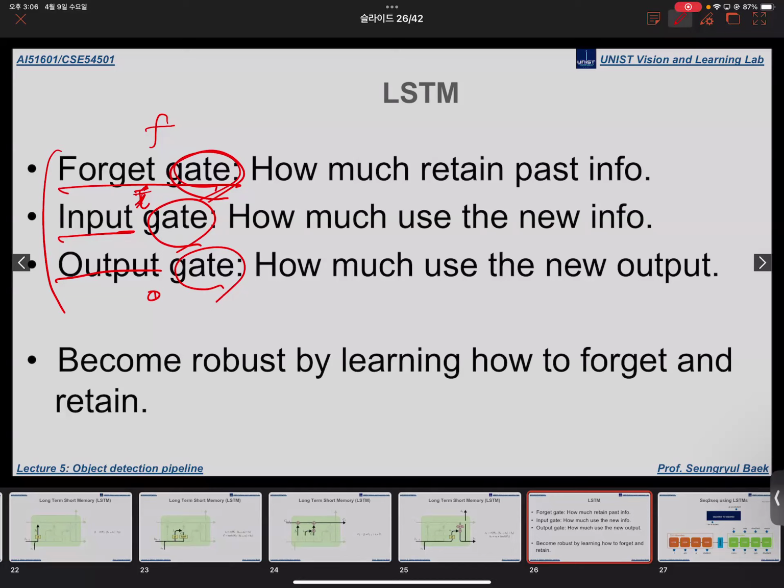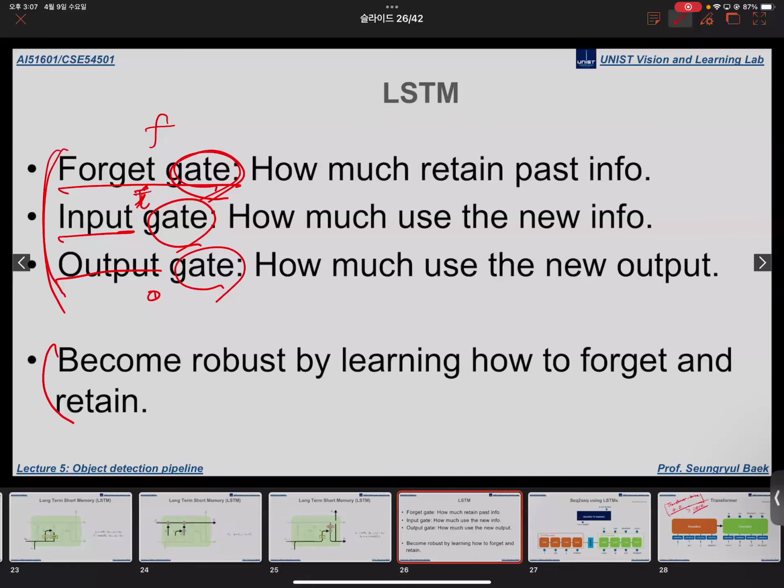That is controlled by each component, so they become robust to the vanishing gradient effect. So that's the explanation of the LSTM. Nowadays, people use LSTM when they use an RNN.